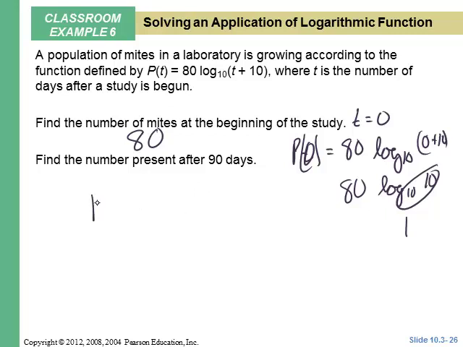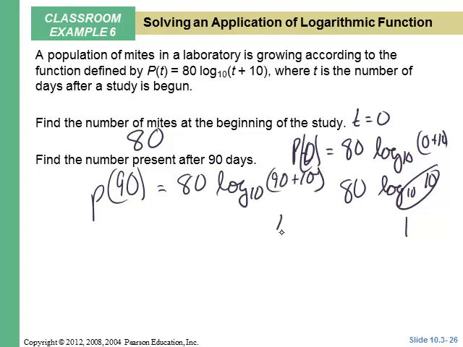After 90 days, P of 90 is 80 times log base 10 of 90 plus 10. Well, 90 and 10 is 100. Log base 10 of 100 is 2. 2 times 80 is 160.